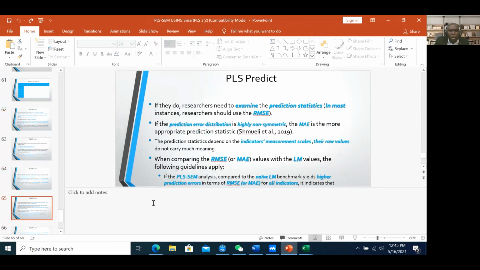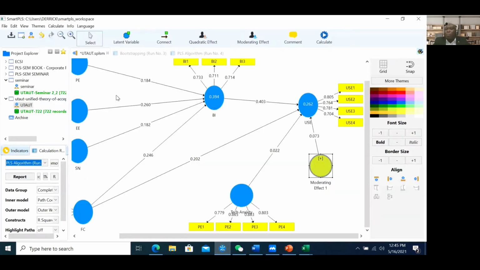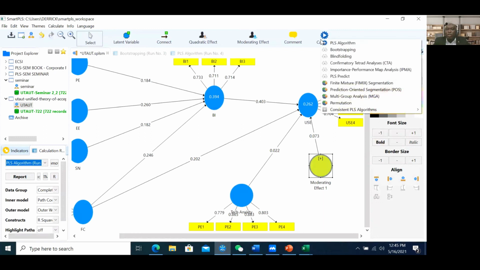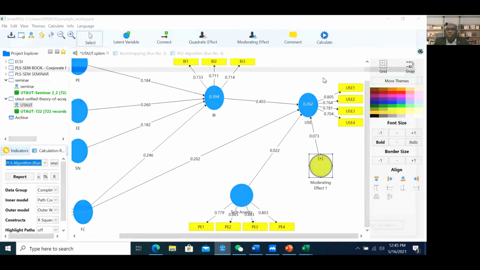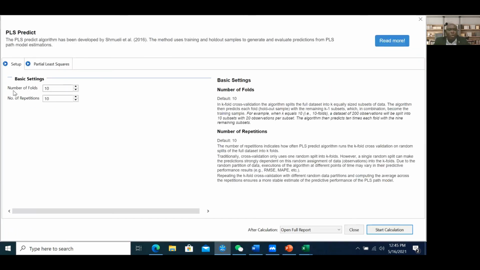So, the literature for PLS Predict is here. You just go to your path model, then go to Calculate and you see PLS Predict, and then you select it. Now you see the number of folds.